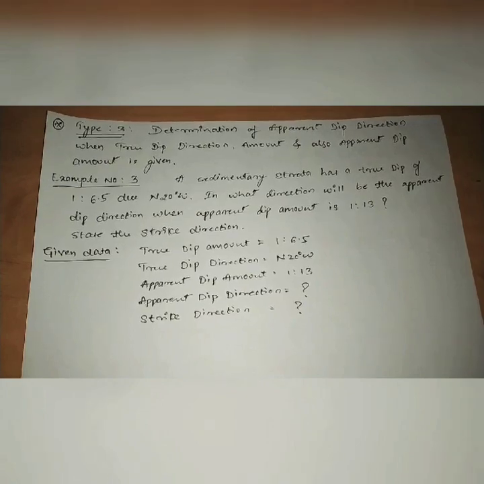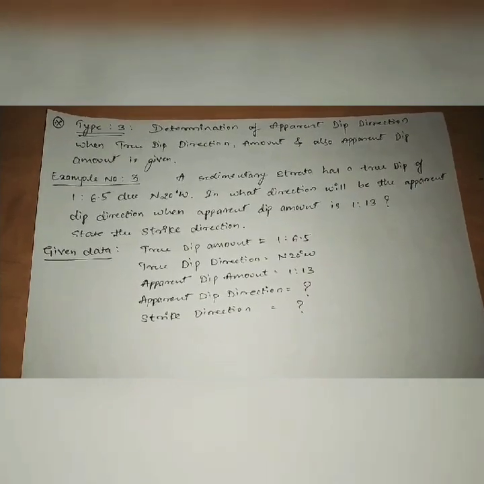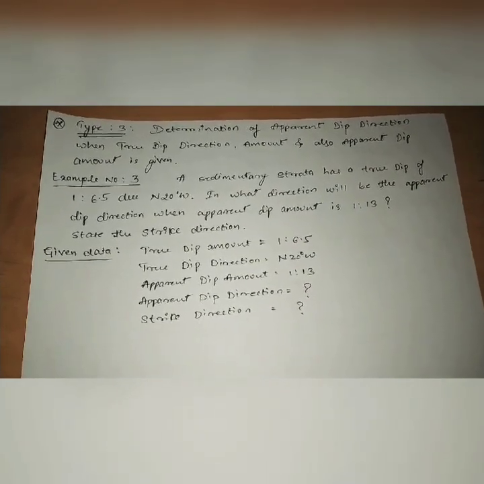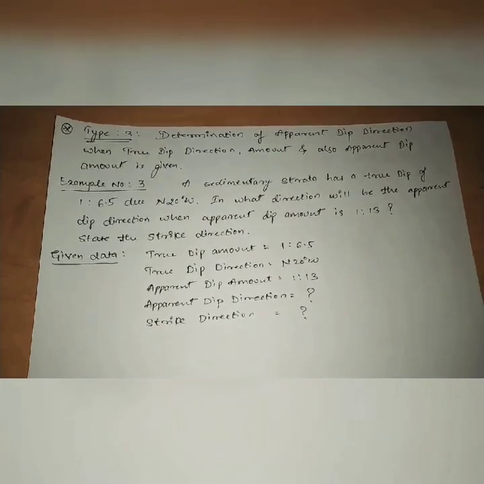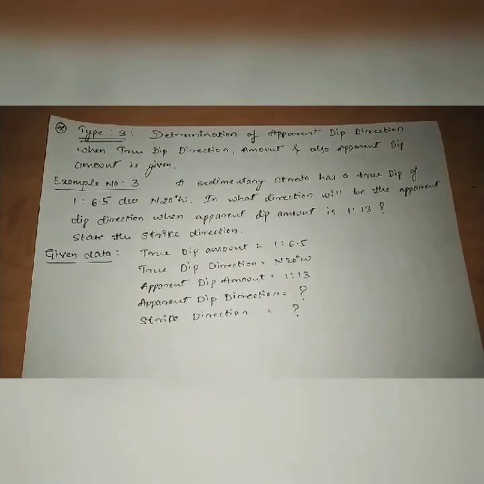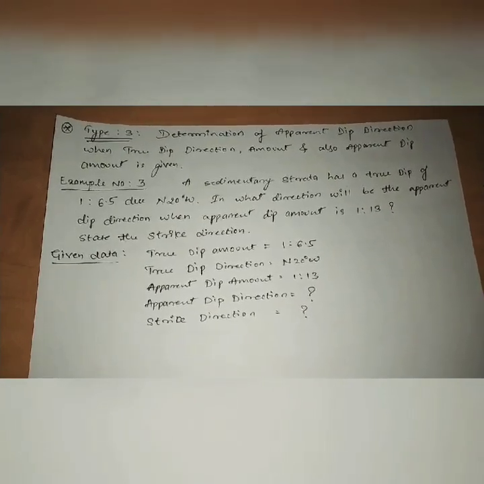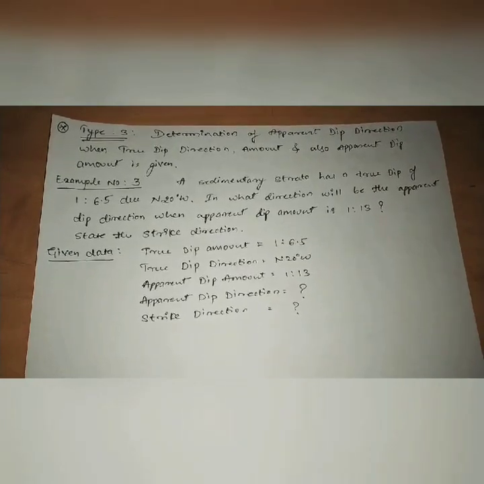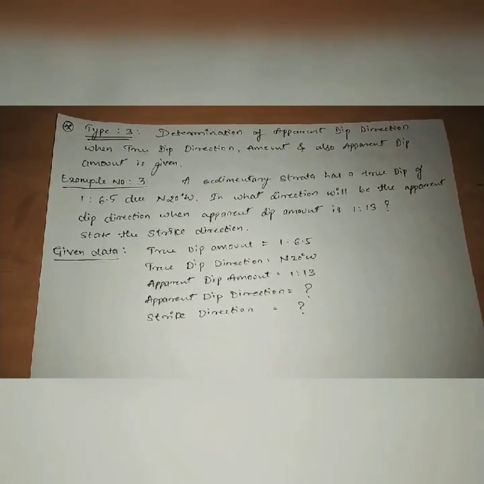So this is example number 3: a sedimentary strata has a true dip of 1:6.5 due north 20° west. In what direction will the apparent dip direction be when the apparent dip amount is 1:13? Also state the strike direction.